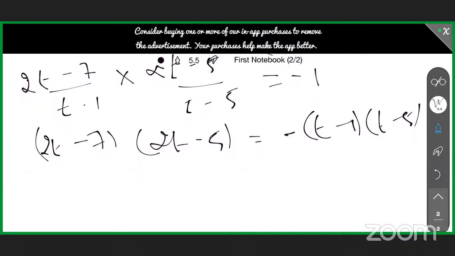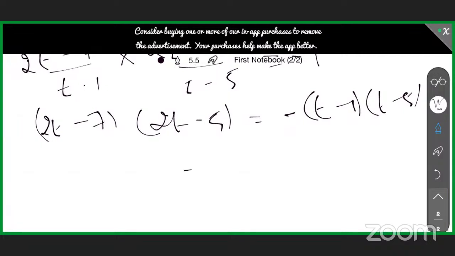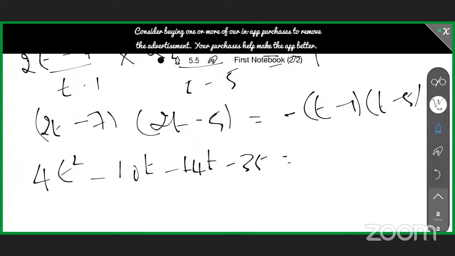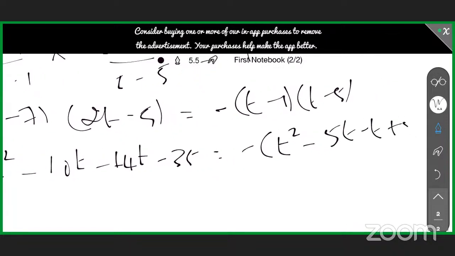It is equal to 4t square minus 10t minus 14t plus 35, equal to minus of t square minus 5t minus t plus 5.